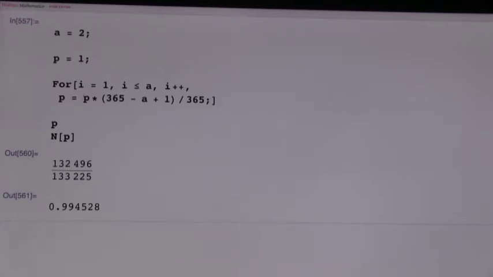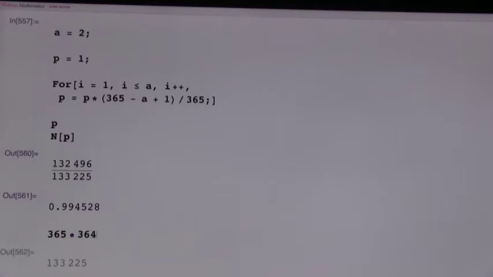For i equals 1, i less than or equal to a is 2. Okay, so let's see what we got here. 365 squared is 133225. All right, so that's on the bottom. Oh, I think I see what we got.